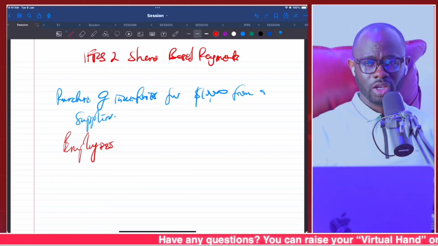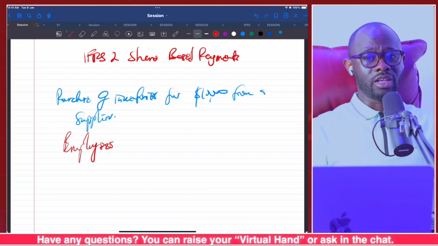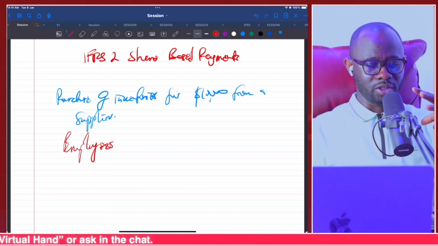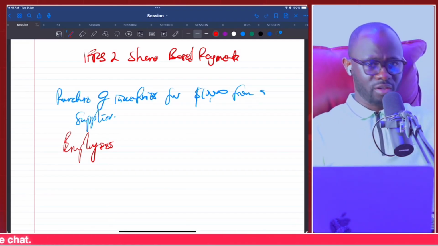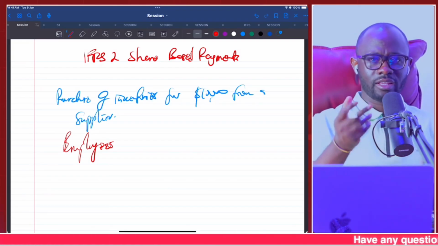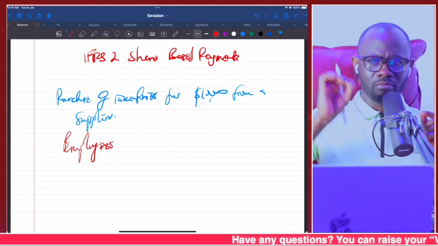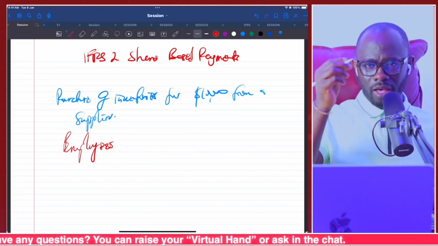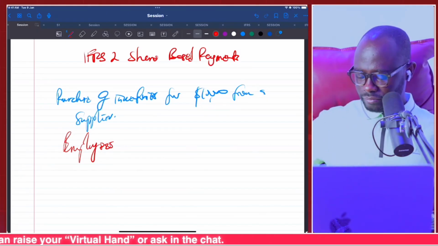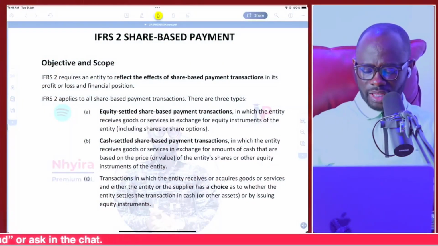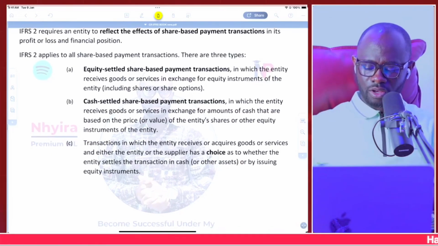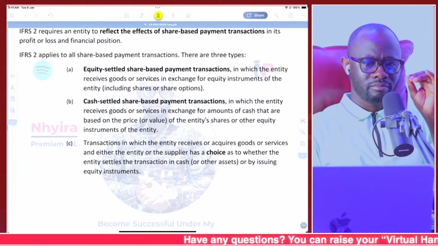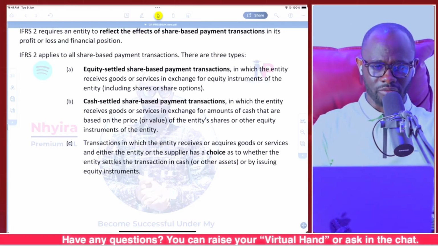So unlike compensation of employees in IAS 19, as we discussed a moment ago, where we're giving people cash, here we are paying people based on the value of the shares of the company. That's why it's called share-based payment. And so generically, there are 3 types of share-based payment, and the way we account for them is also different. So you have to be mindful.